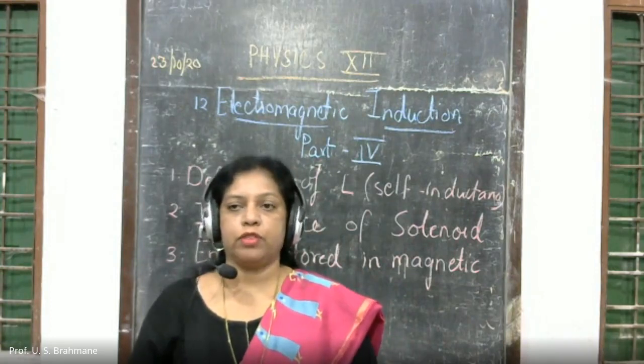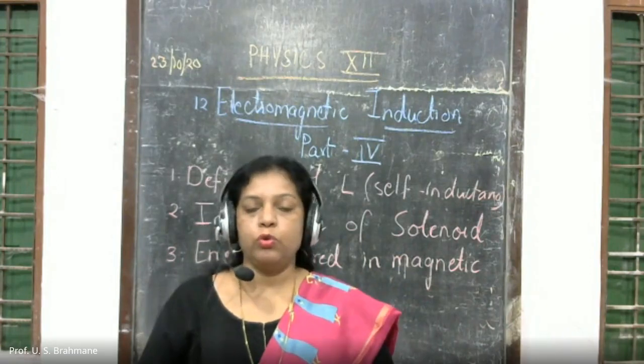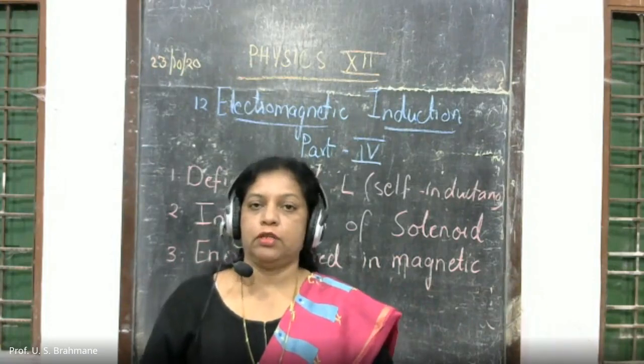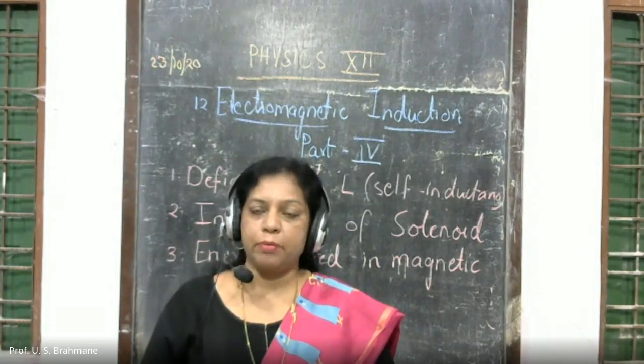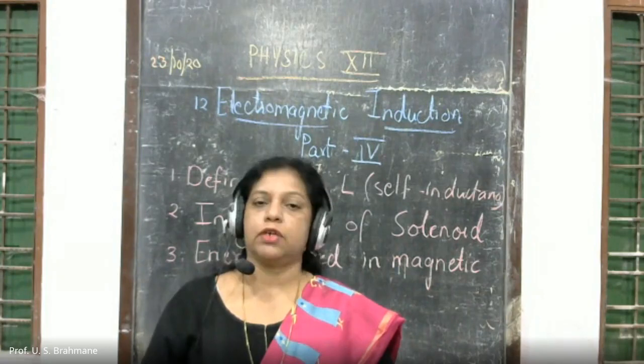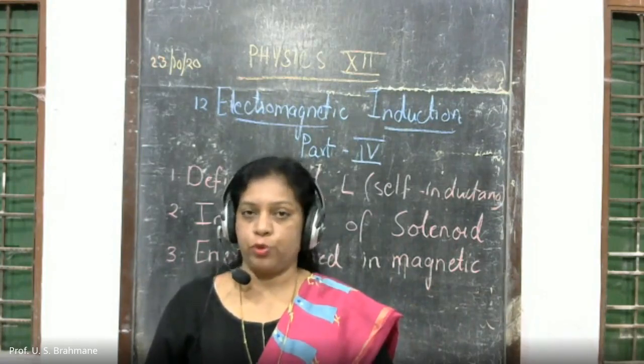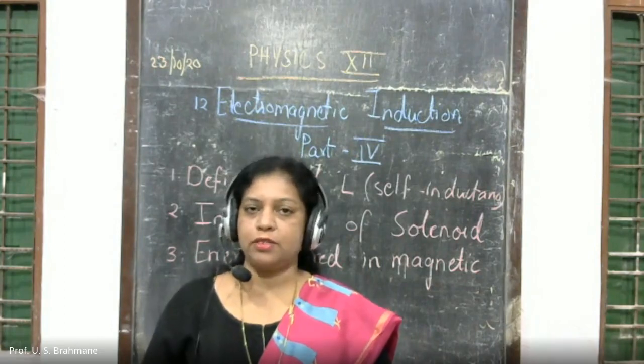It is like when a loop is pulled from a uniform magnetic field, the mechanical work done is converted into heat energy. By Joule's law we know that the loop gets heated.